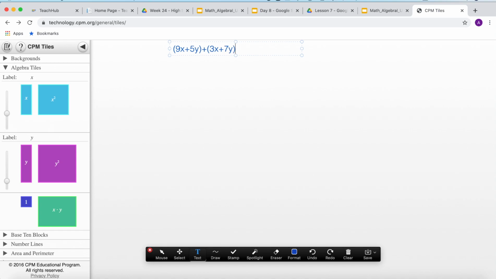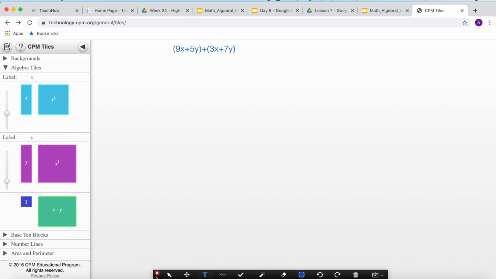Because this is a review lesson, many students won't need to use this as a resource, but this is really useful for your students with special needs, or students who just maybe didn't learn this last year, who might need a very concrete representation of what's happening. So if we're going to represent this with algebra tiles, we're just going to have 9x's.